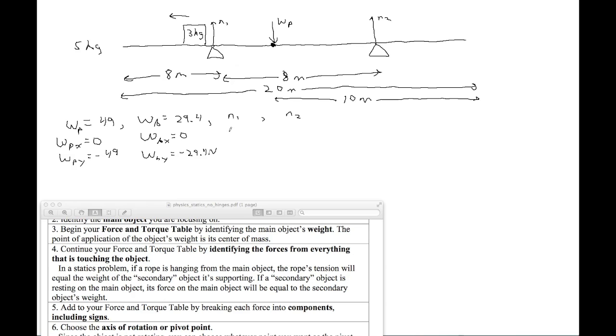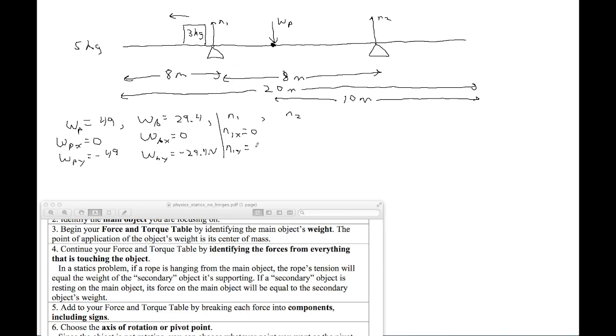Then what's the x component of normal force 1? 0. And the y component of normal force 1? So we don't know what the y component is? That's true, but we've got to write something down so that we can do math.